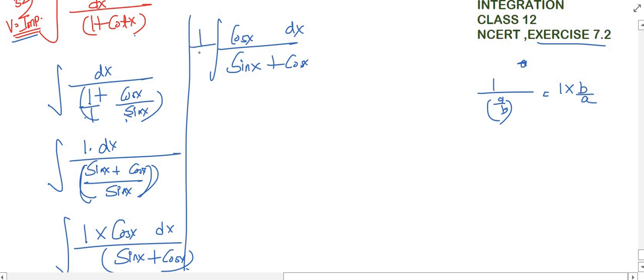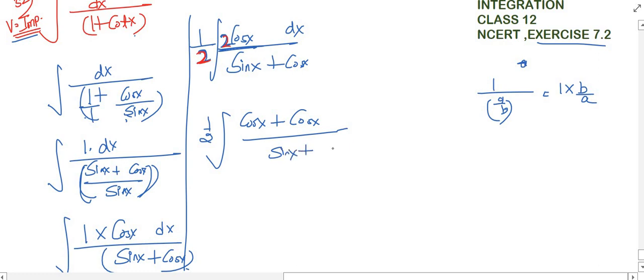In this, can I divide and multiply by 2? Here, divide by 2, multiply by 2. So this will become 2 cos x. 2 cos x will be cos x plus cos x by sin x plus cos x dx. Correct? This is sin x plus cos x, whereas here it is cos x plus cos x.